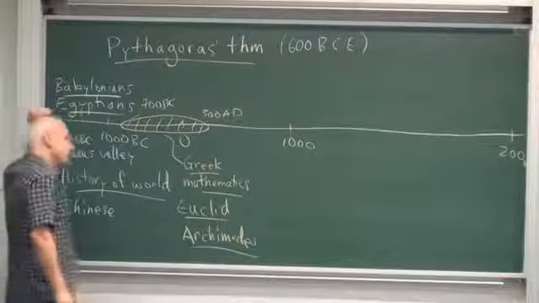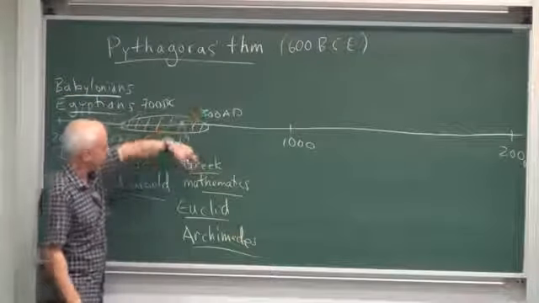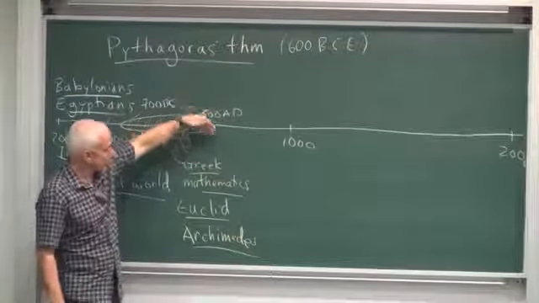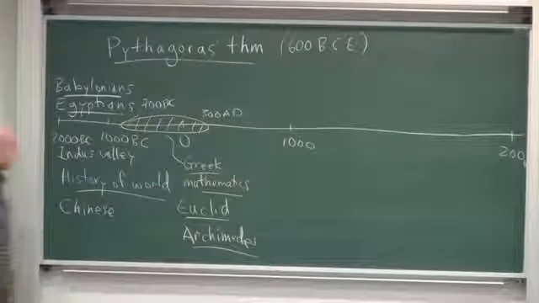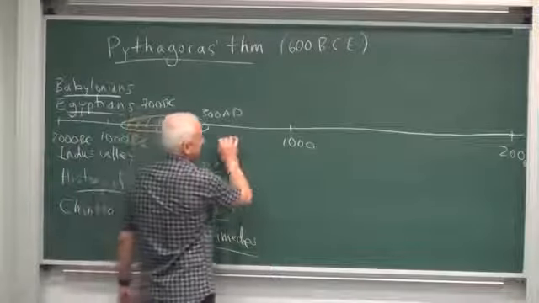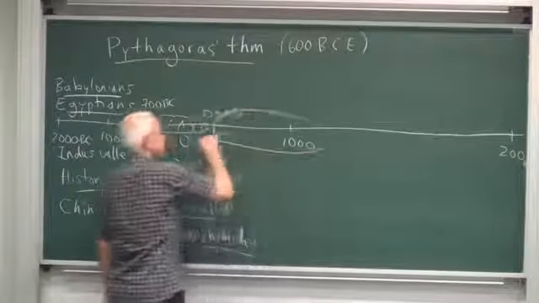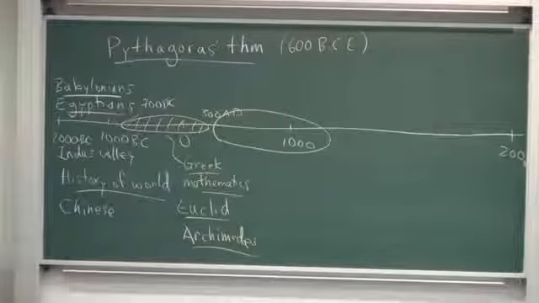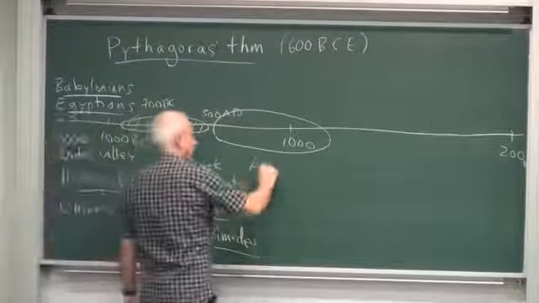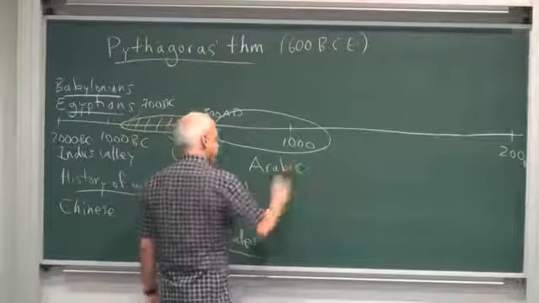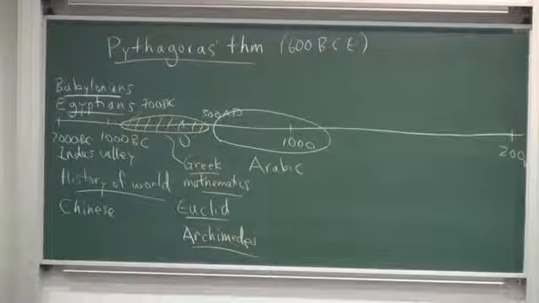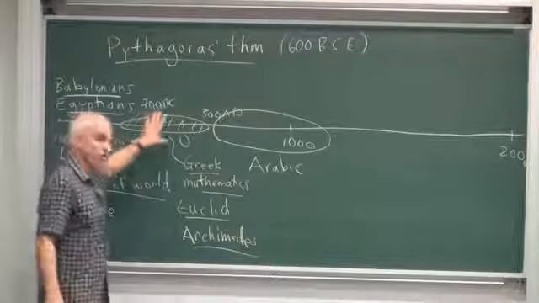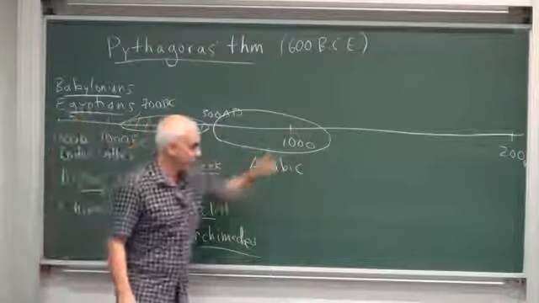Okay, then we move on. The Greek civilization died down, and essentially a period of Arabic Middle Eastern influence took over. So we have Arabic development, starting from the Middle East, but ultimately emerging into Europe, and so the Arabs are a bridge from the Greek mathematics to the Europeans.